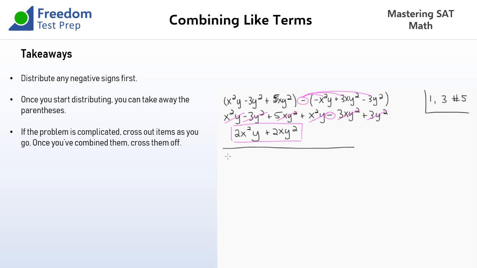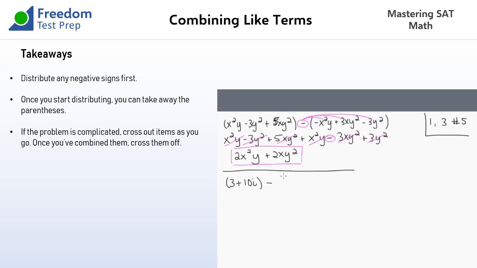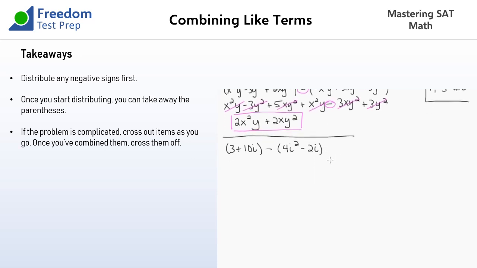So let's say there's 3 plus 10i, and we'll do another minus, 9 minus, let's say 4i squared minus 2i. Okay, now this seems like not a problem, except they might give you a little note. And that note might look like, off to the side, i equals square root of negative 1.